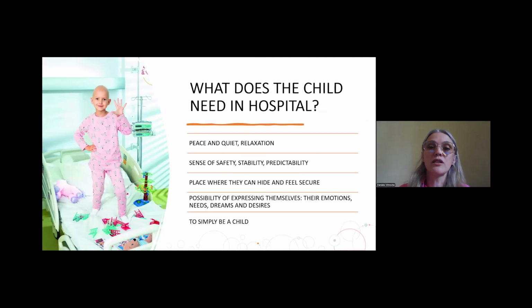What do the children need in hospital? Of course, when we think about children, we know that they want to be like other children of the same age.